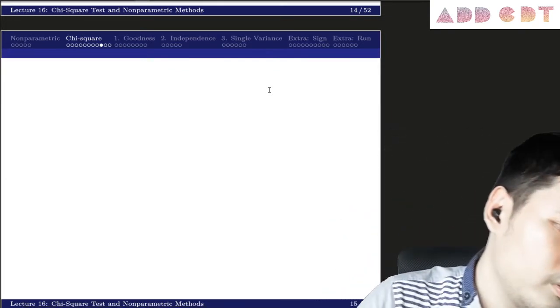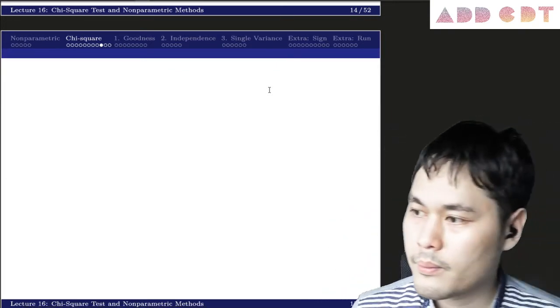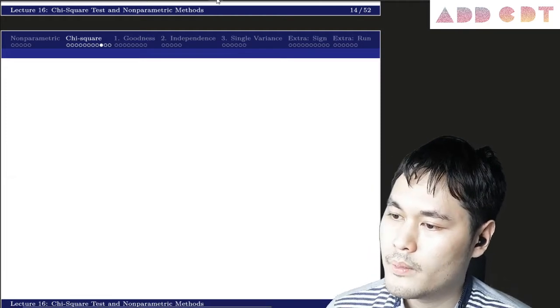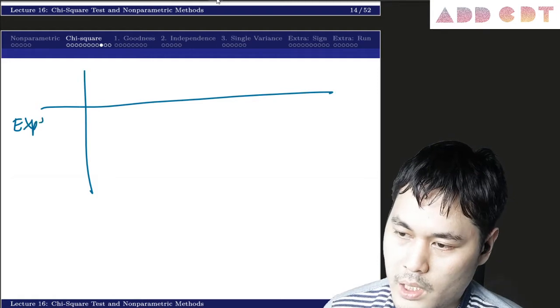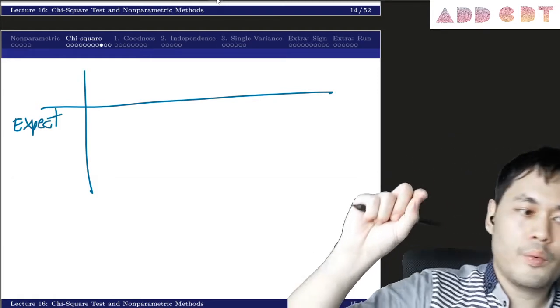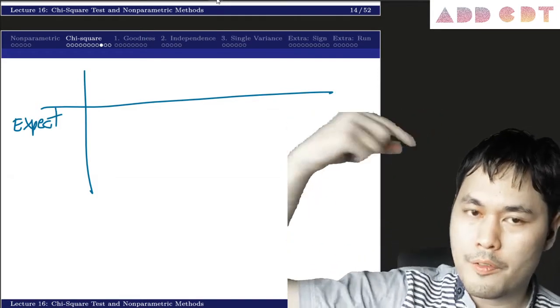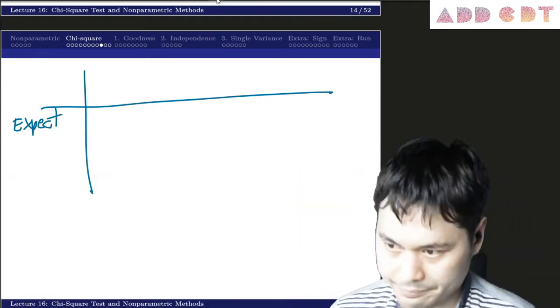Oh, I forgot to put this in. We have to say what we expect, what we had in mind. This is what we have to state before we take samples.